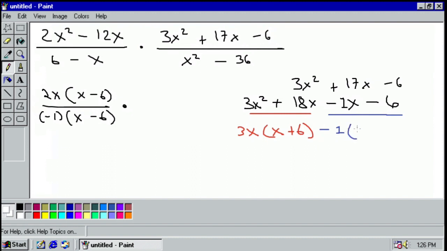And negative 1x is positive x. Negative 6 divided by negative 1 is positive 6. So here we have the same inside the parentheses, so we're on the right track. So we can just copy the inside of the parentheses first. x plus 6.